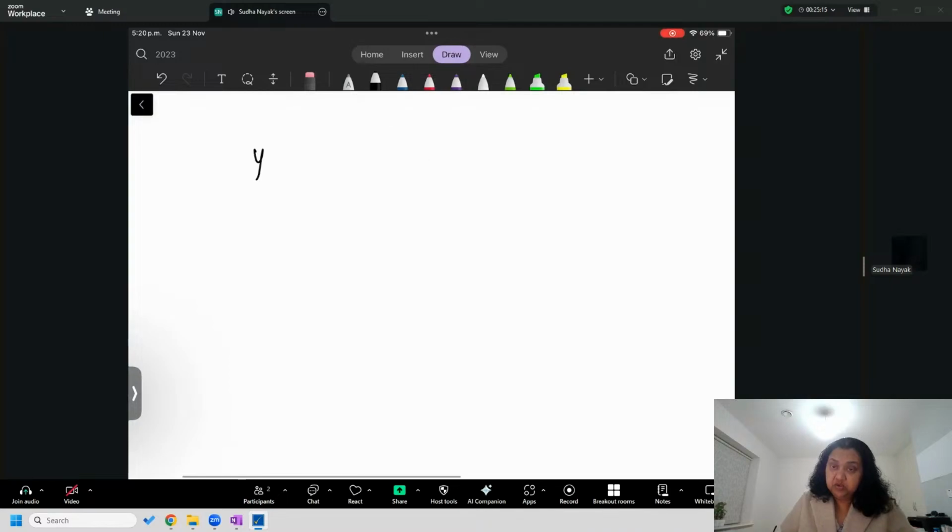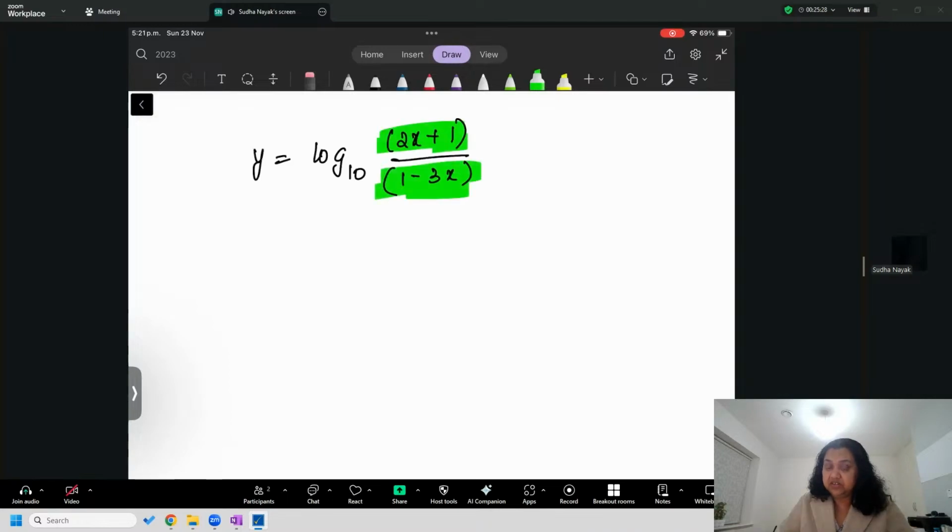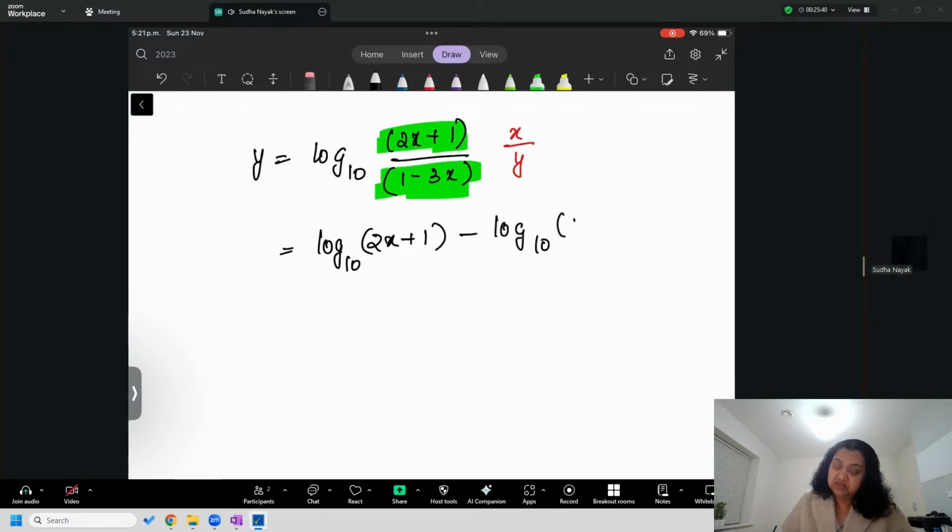So again I will show you another one, log base 10 of (2x plus 1) divided by (1 minus 3x). Whenever you get a question like this, you have to immediately remember it is something like x over y, a division, and you have to use the formula for this. So it will be log 10 of 2x plus 1 minus log 10 of 1 minus 3x.